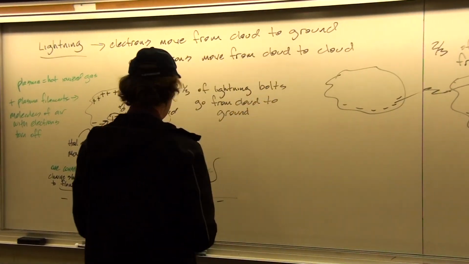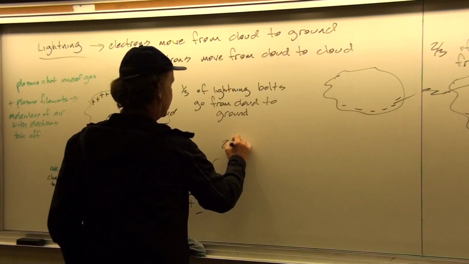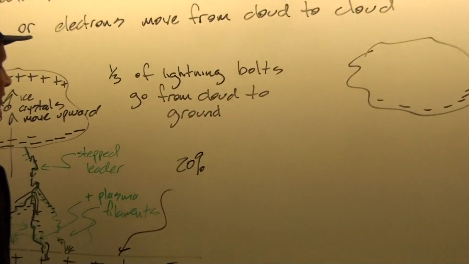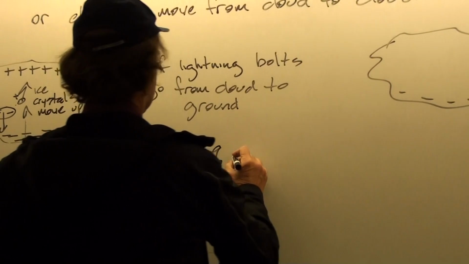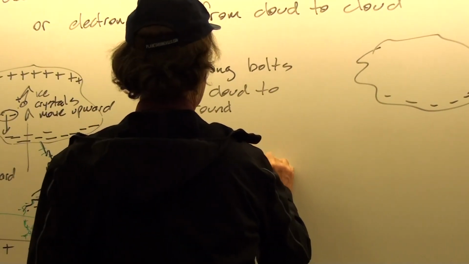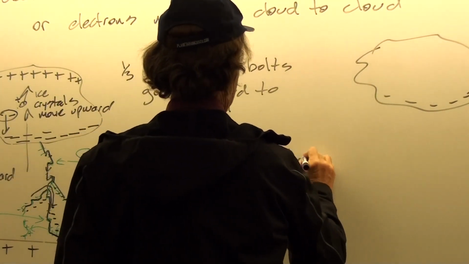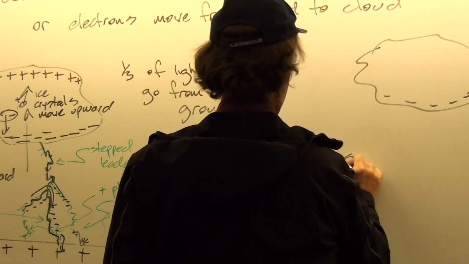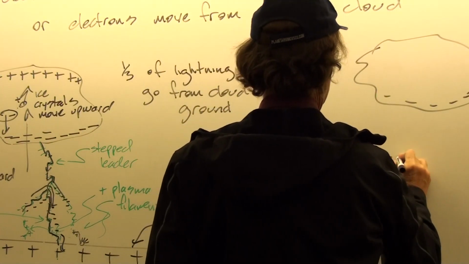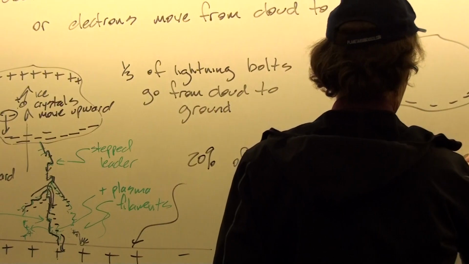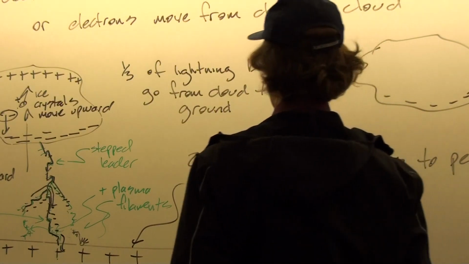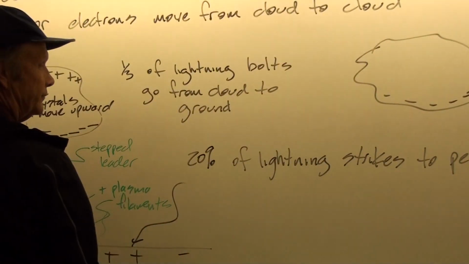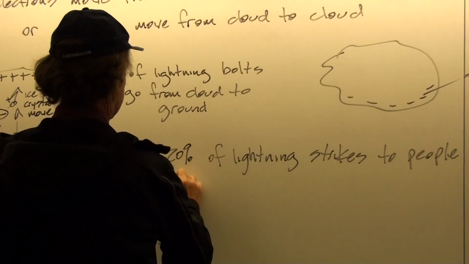Well, first we should mention that about 20% of all lightning strikes where people are hit by lightning happen while people are playing golf in the United States.